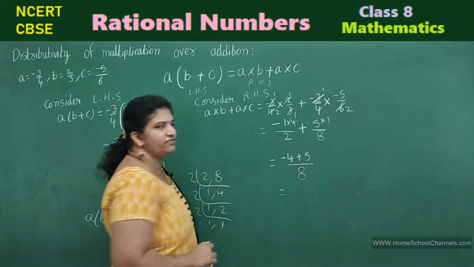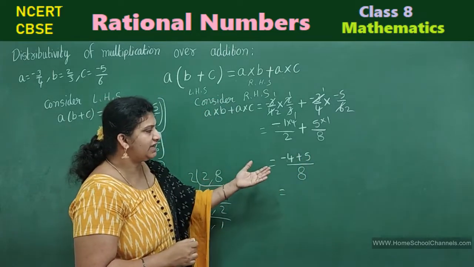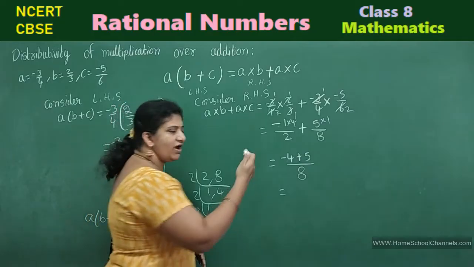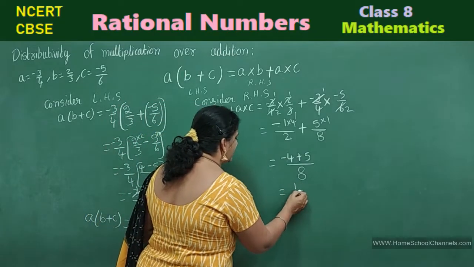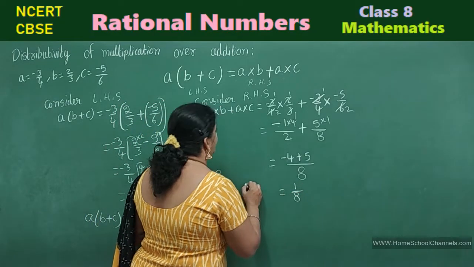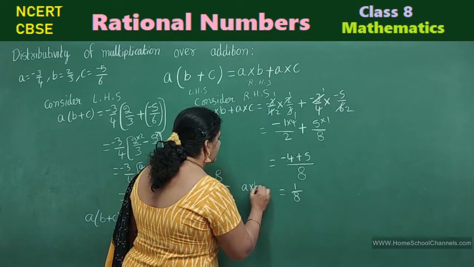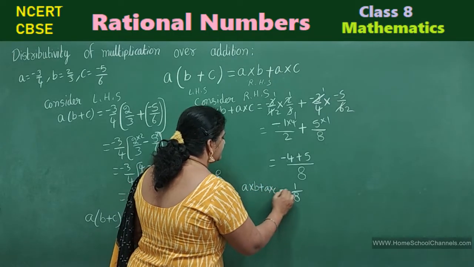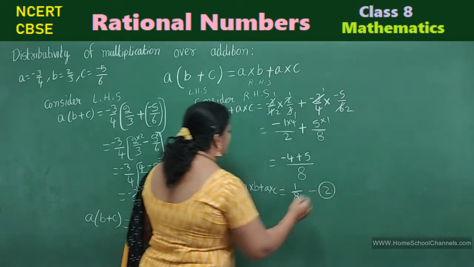Minus 4 plus 5, or you can say 5 minus 4, will be 1, so 1 by 8. That is A into B plus A into C is equal to 1 by 8.